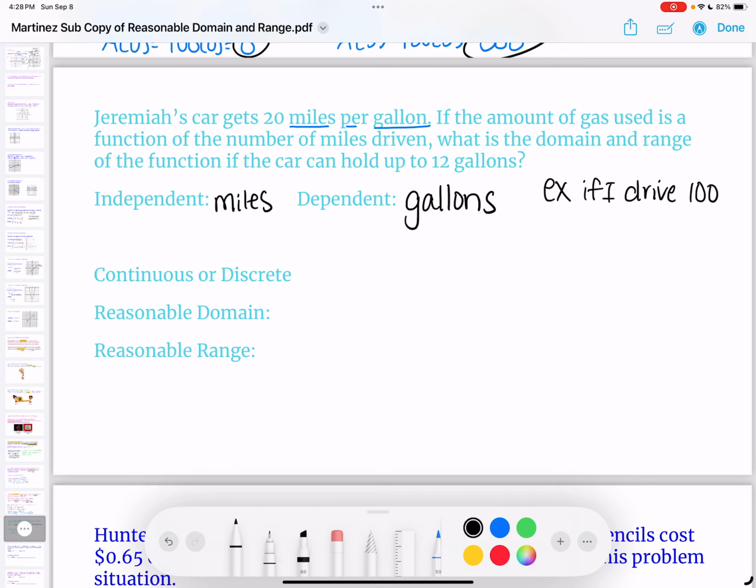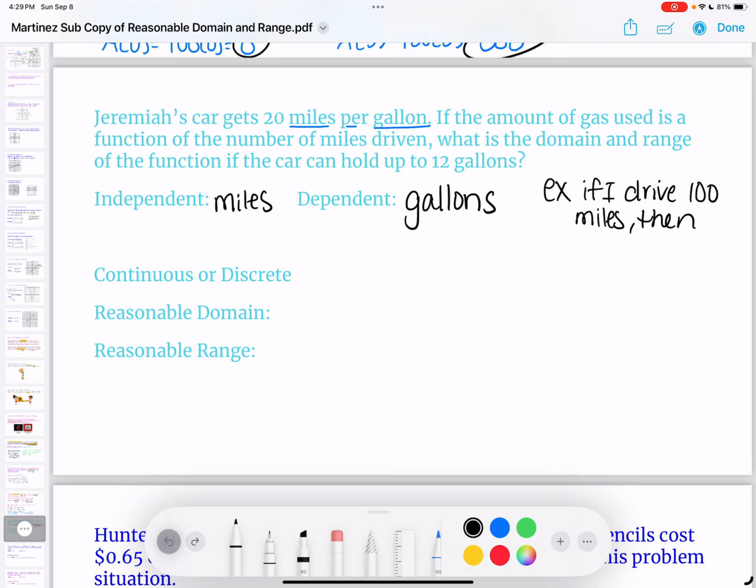The next question is, is it continuous or discrete? Well, can we drive half a mile? Sure, why not? So that's going to be a continuous function.